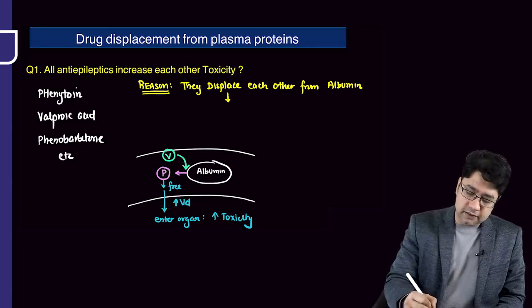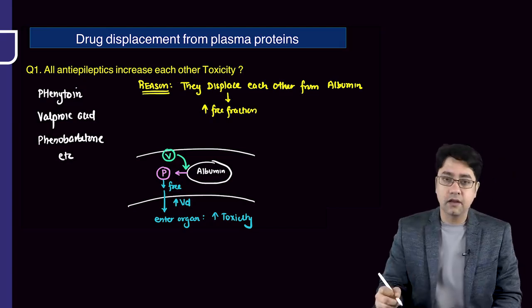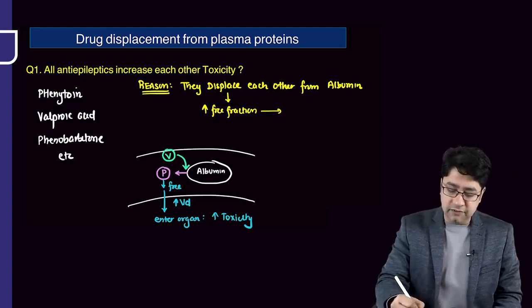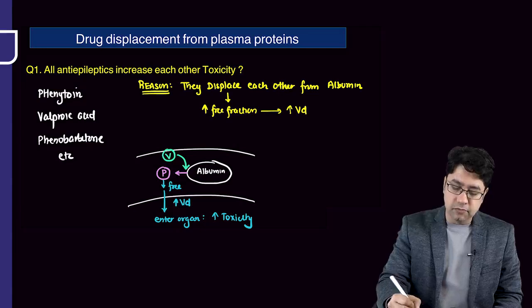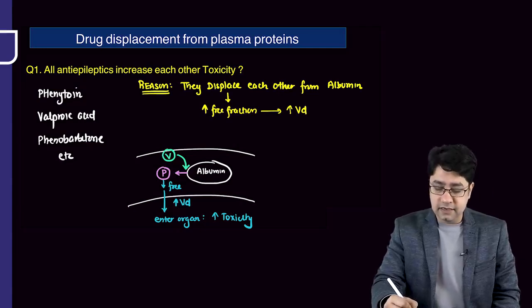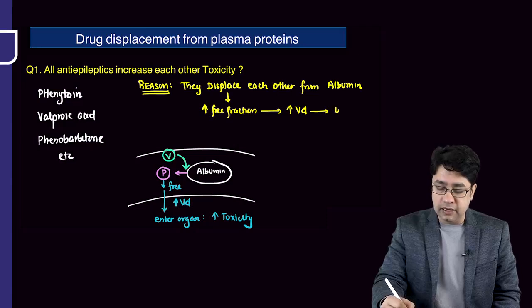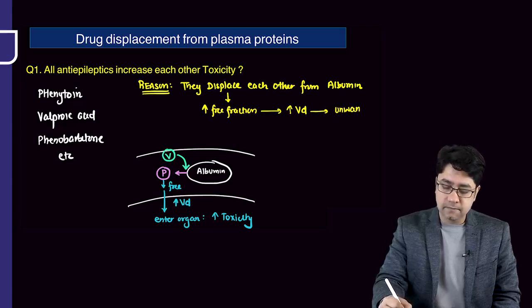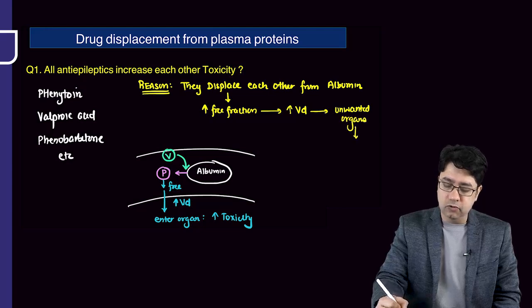Because of this reason, the free fraction of a drug increases. If free fraction of the drug will increase, the volume of distribution will increase and the drug will enter into unwanted organs. Hence, it can lead to harmful effect, toxicity.